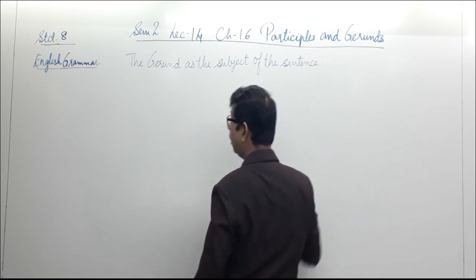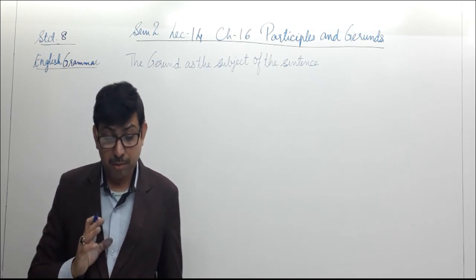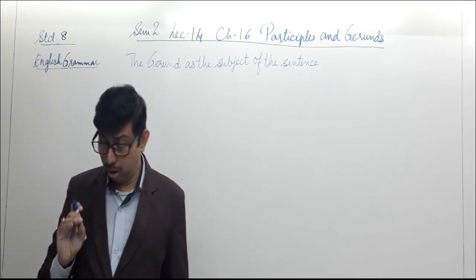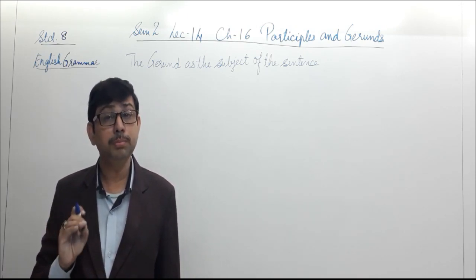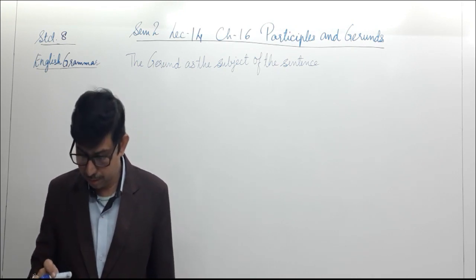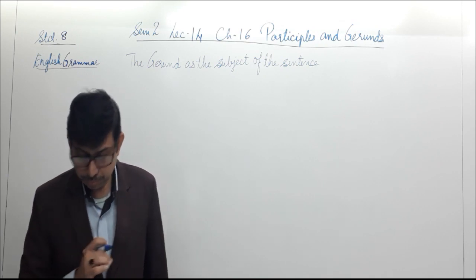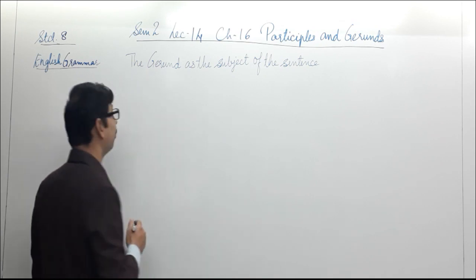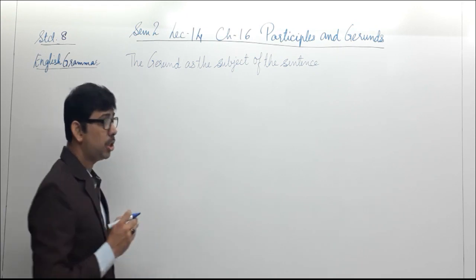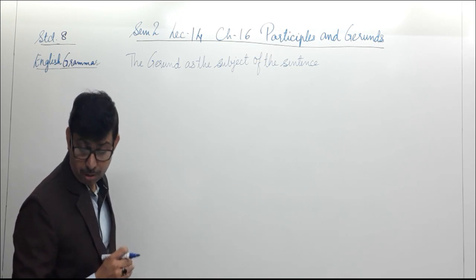So we are discussing the first one in an extensive manner, where we will have the ing form of the verb playing the role of subject in all the upcoming sentences. I'm putting up some sentences. Try to note it down. These are all example sentences for you, where you will observe that each of the ing verbs is playing the role of a subject.